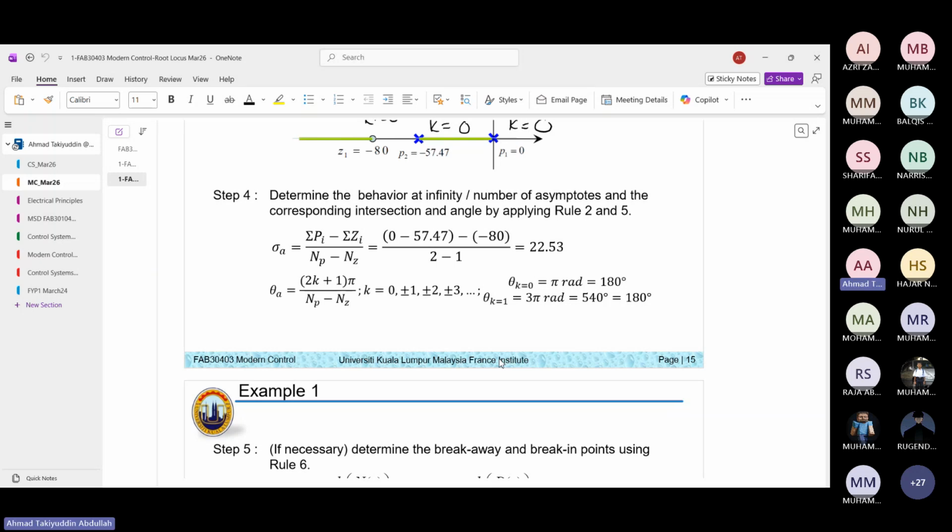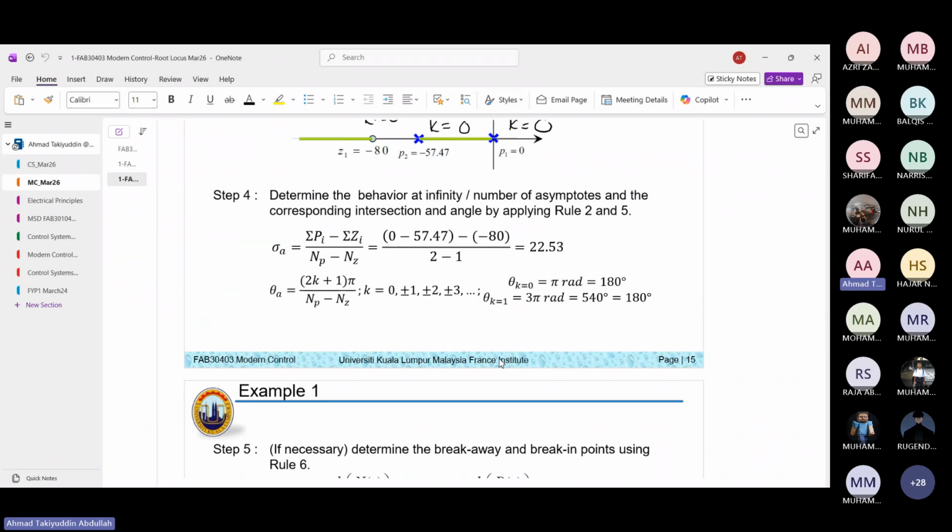We are going to determine the point that will be on the real axis. There will be one point that we will call sigma A. So this point is going to be the asymptotic point, the point that we refer to as the asymptote point. So we call it sigma A.